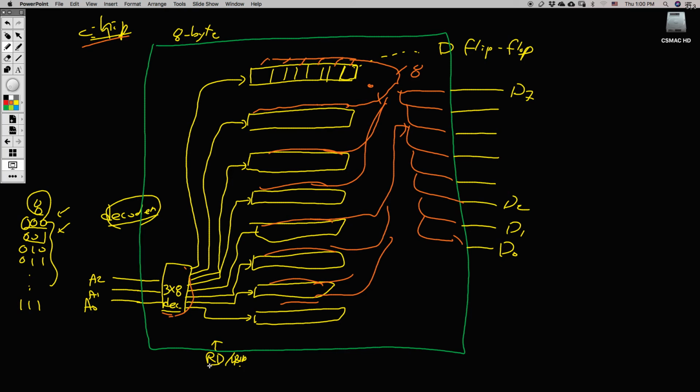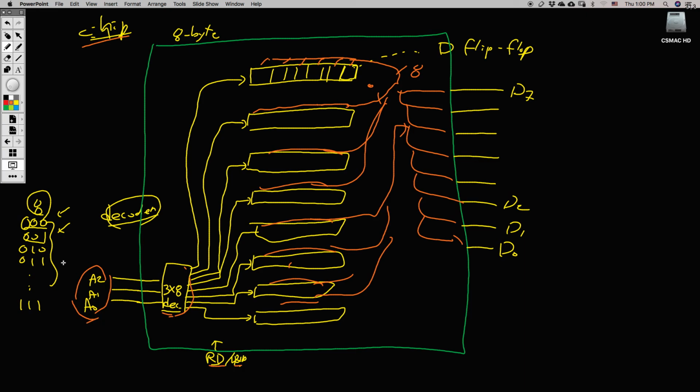And then we need a read or write control signal, whether we want to store data or read the data. So here are 2 things we need to consider. How many address lines do we need for this memory? Since this memory has 8 locations, we need 3 bits.